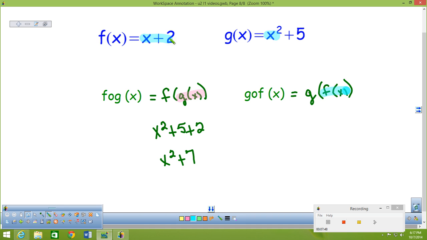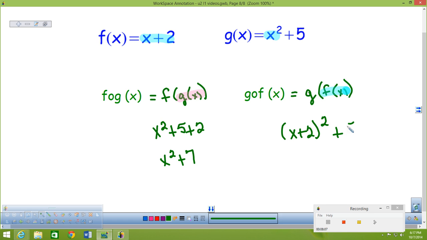So f of x is going into x in the g function. So, I've got this x comes out. X plus 2 is going in. That's squared on the outside. I still have this plus 5.